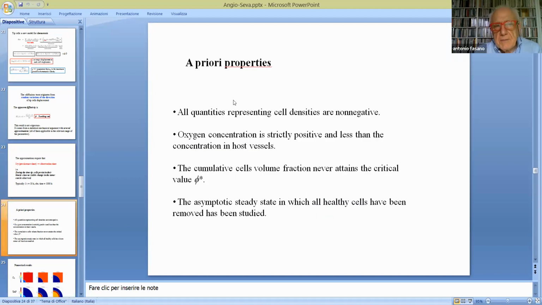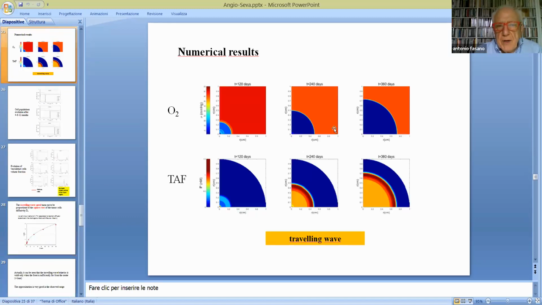Well, there are some a priori properties that can be proved for the very complex model we have formulated. And well, I skip this. These are all very intuitive properties. And the numerical results show that traveling waves are developing.